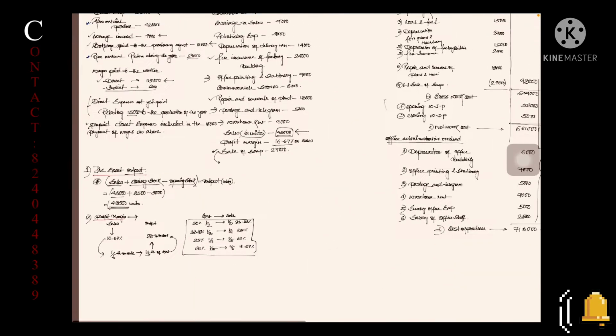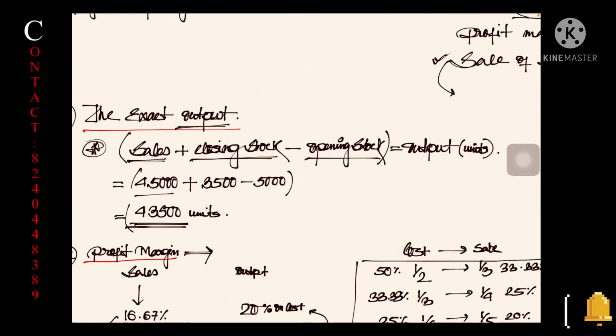So 45,000 plus 3,500 minus 5,000 comes to 43,500 units. So simple. We first calculate the exact output, meaning the exact units produced for this particular year.